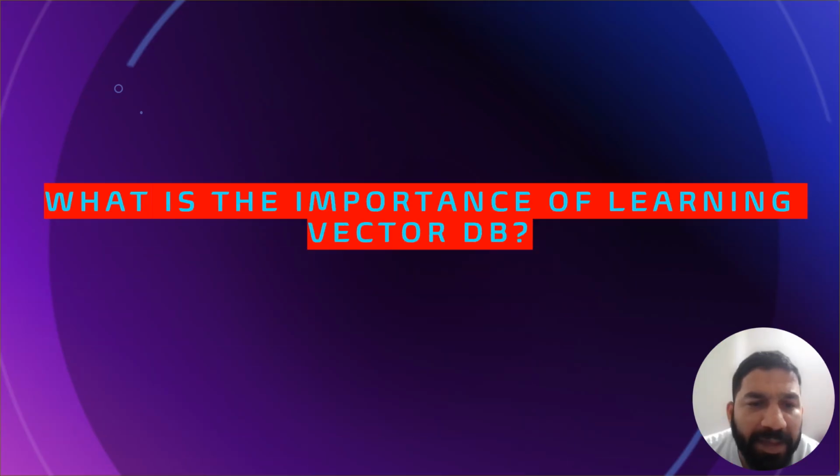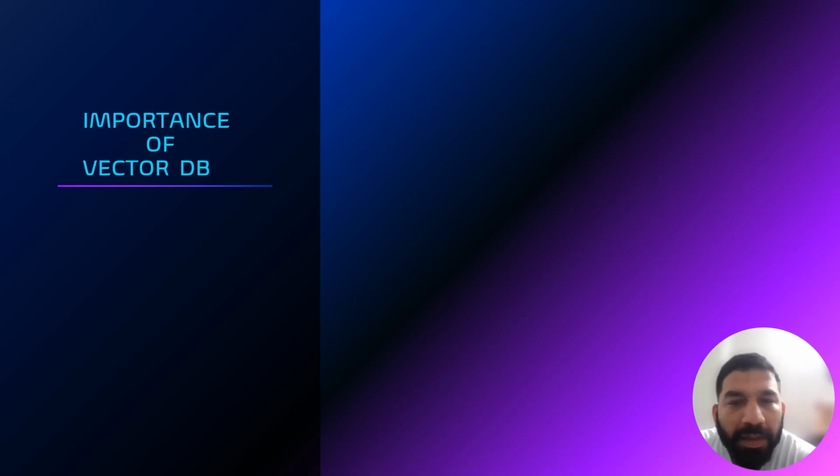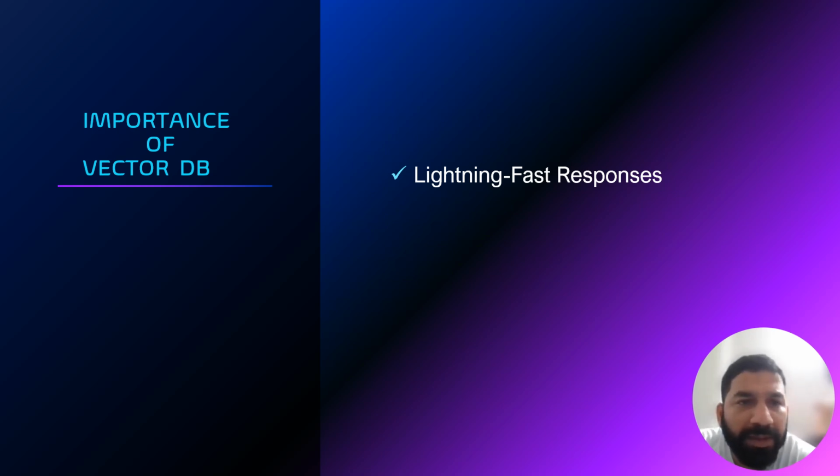So let's first understand what is the importance of learning vector DB. The first importance of using the vector DB is lightning fast responses. As you know, with the advancement of AI, machine learning, large language models, which are called LLMs, and prompt engineering, the demand of fast responses in all aspects of AI has become really crucial.